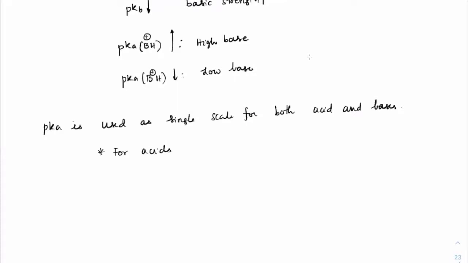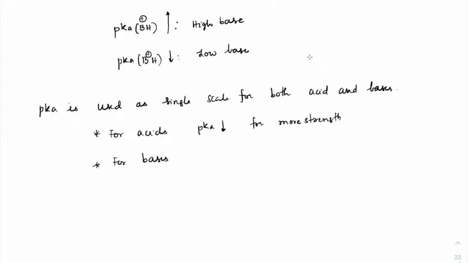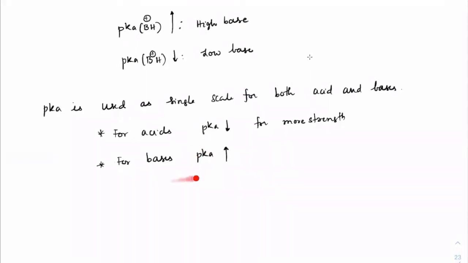For acids, we check for a lower pKa value for more strength. For bases, we check for a higher pKa value of the conjugate acid. When I'm taking it as higher, that means it is for more strength. Here this is more strength of acid, this is more strength of base.